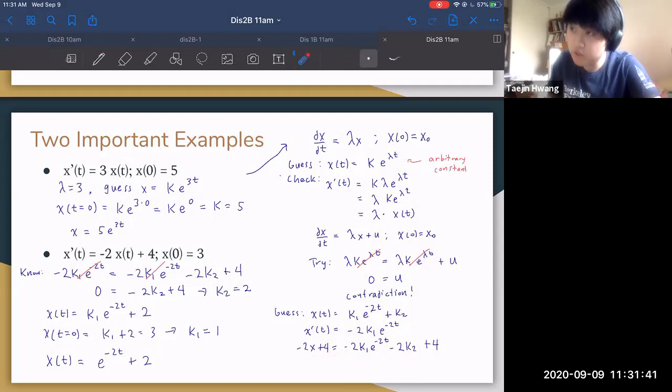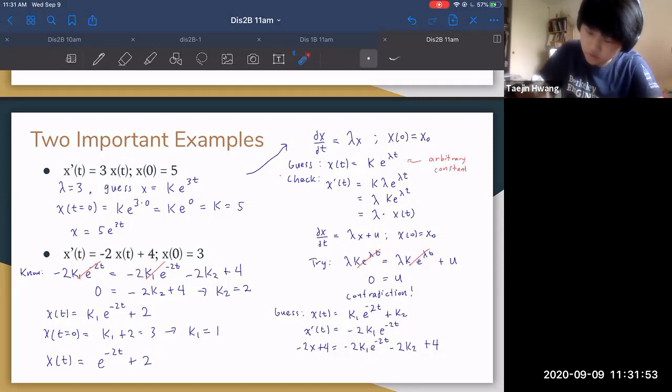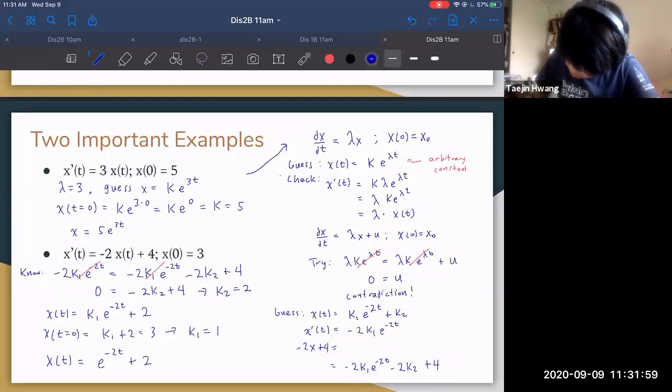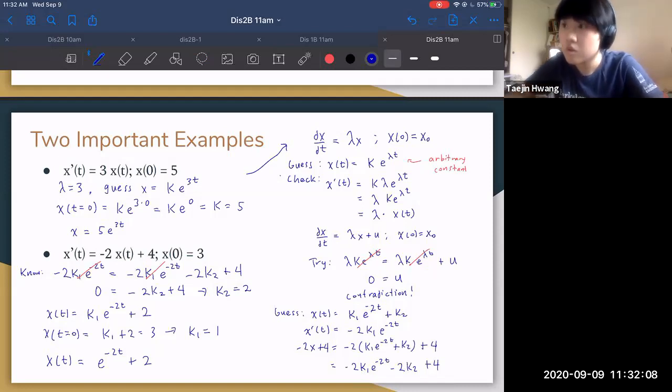Yeah, so the minus 2x plus 4, I've just plugged in x equals k1 e to the minus 2t plus k2 as x here. So then if I were to write out one more step, I could say that this is equal to minus 2 all times... I think it'll make more sense if you put x prime equals minus 2x plus 4 in the bottom right equation.